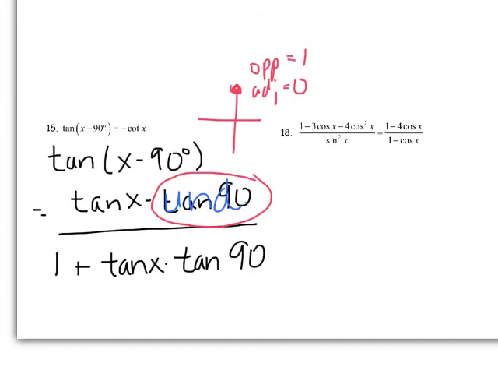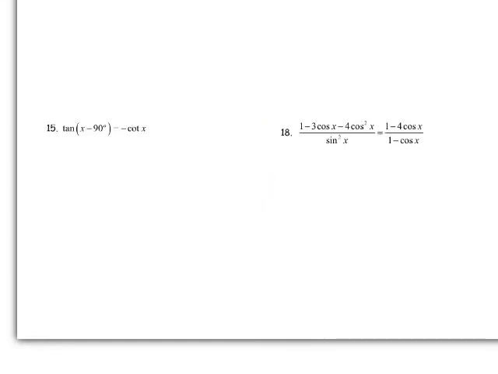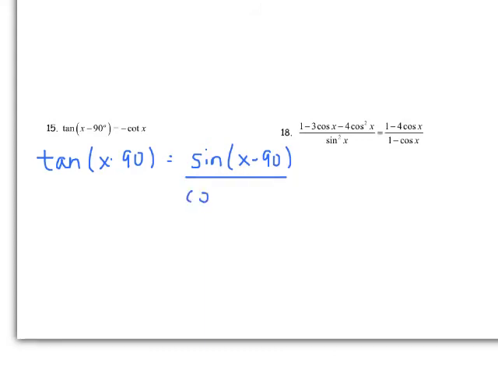The other way is to think about how else we've learned to evaluate tangent. From the very beginning, we've defined tangent as sine over cosine. So we could say that's the same thing as sine of x minus 90 over cosine of x minus 90.